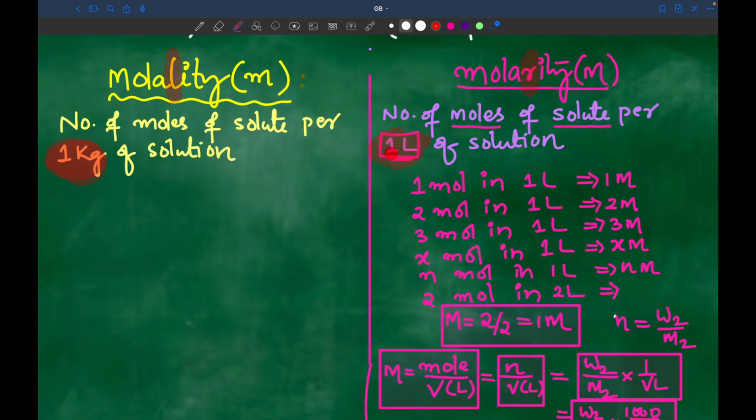If you have 1 liter, you talk about molarity. If you have 1 kilogram, it is valid for molality.